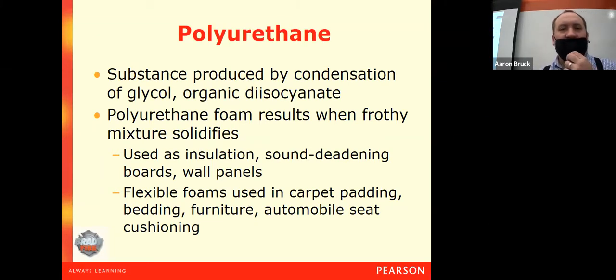We're starting to get now into some compounds that are condensation polymers instead of vinyl polymers. Polyurethane is one of them. Here we get a substance produced by the condensation of glycol and organic diisocyanate.